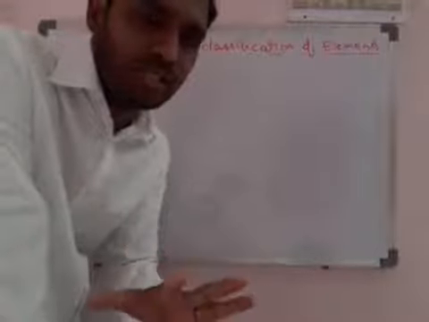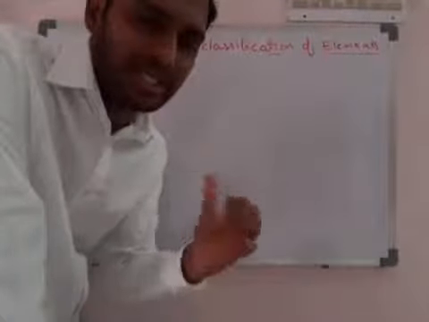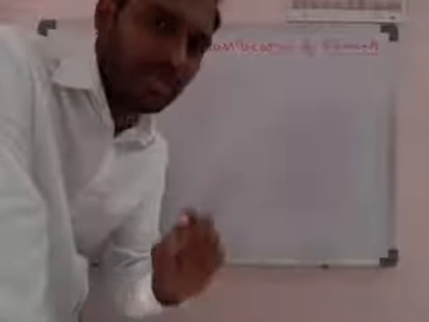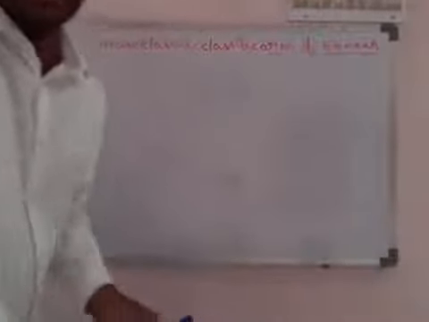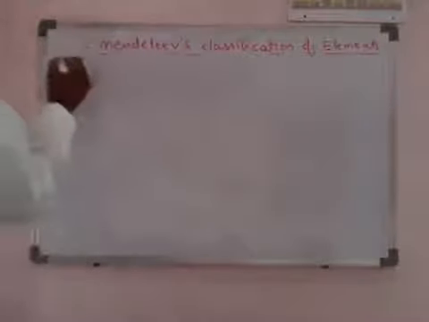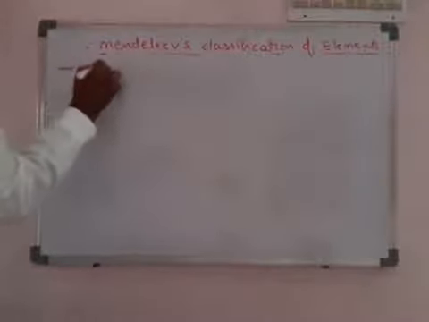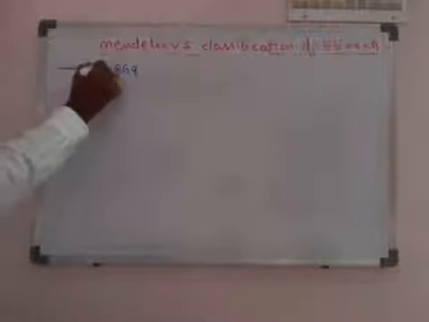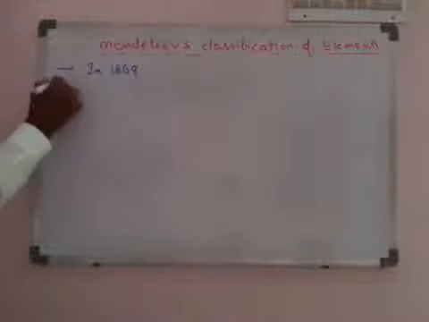So now we see the basic points about the classification of elements by Mendeleev. He gave his periodic classification in 1869.